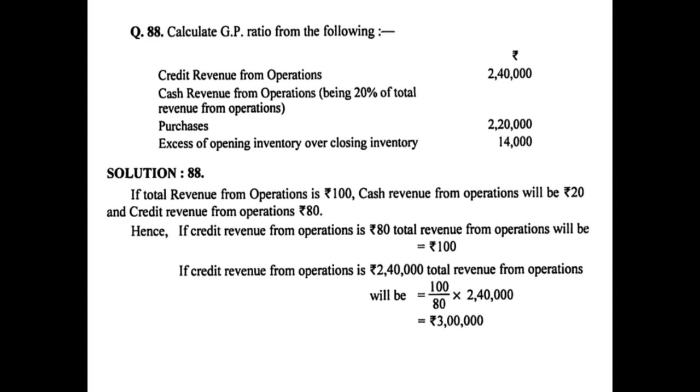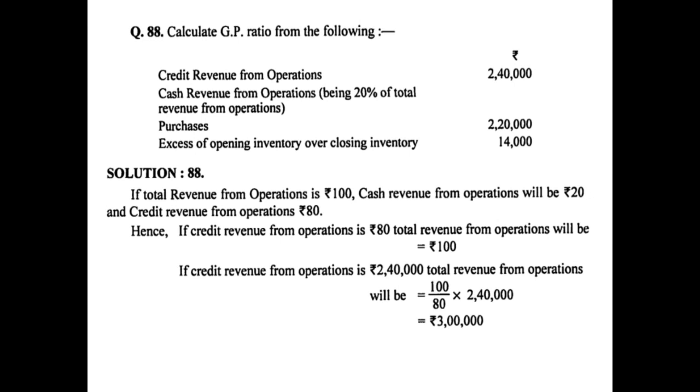So that means 2,40,000 is the 80% of the total revenue from operation. So with this you can take out the 100%, and of that 100% you can take out 20% as cash revenue from operations. Purchases 2,20,000 and excess of opening inventory over closing inventory is 14,000.